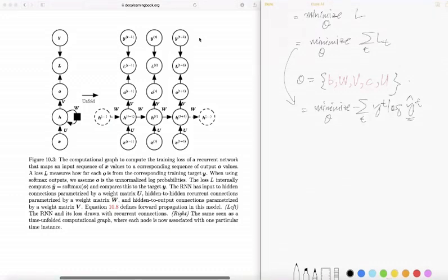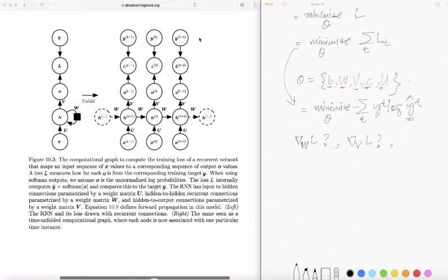Right. So the objective is, if you want to train this network, you want to compute the derivatives of this loss function with respect to each of these parameters. Basically, I want to compute this. Delta V is unknown.